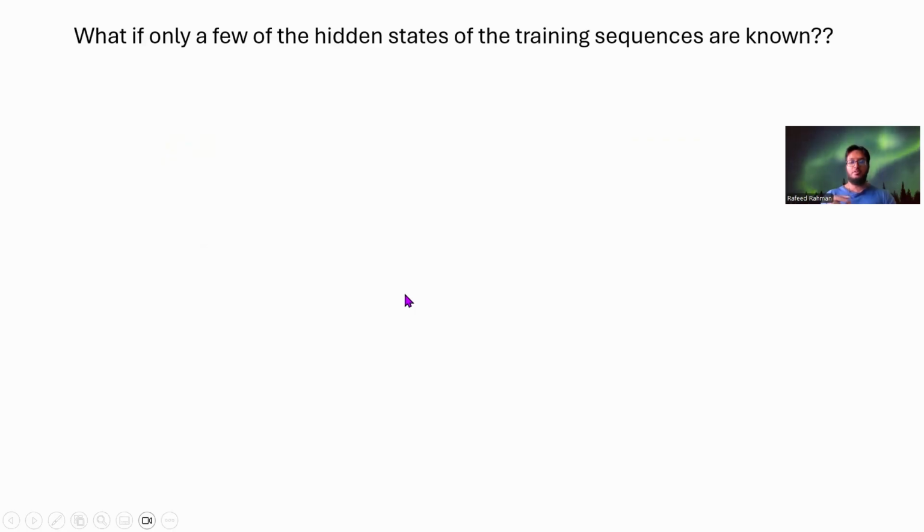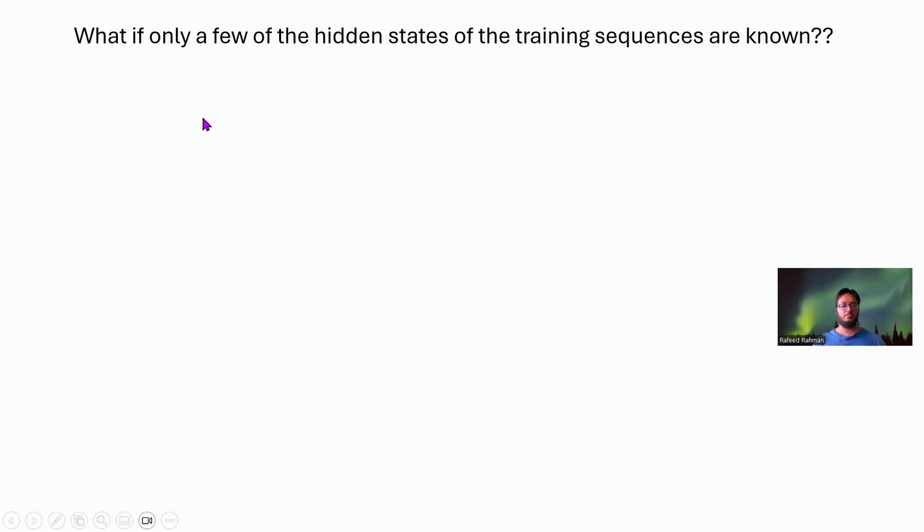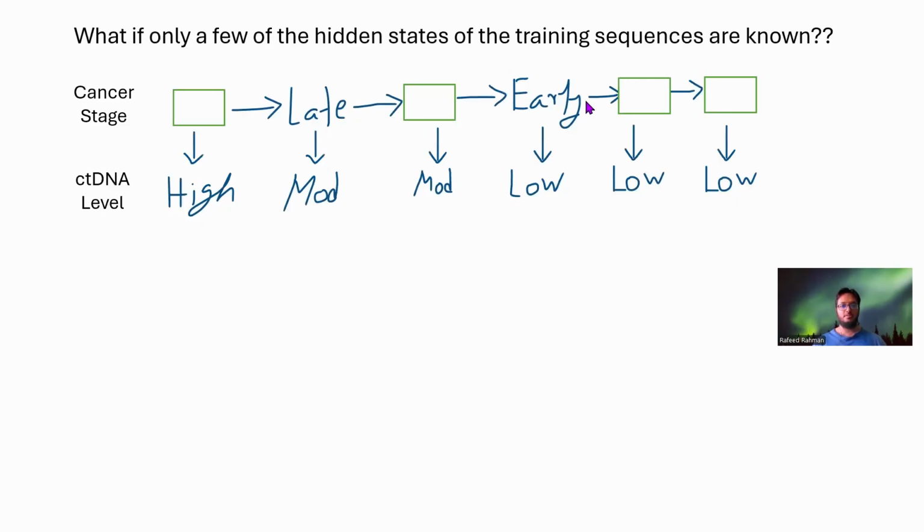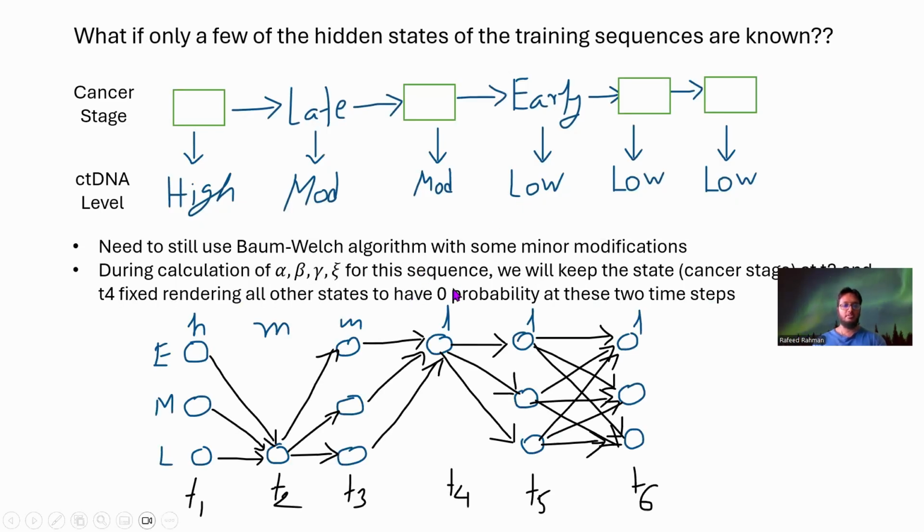But suppose there's this third case where you know only a few of the hidden states, but many of them are not known. So it looks something like this. Some of the hidden states you don't know, and some of them you do know. Then what are you going to do? Actually, it's not complicated. In these cases, you can form this kind of graph. Normally your graph will look like this, where everything is connected to everything. But now you know exactly what state is there at particular time steps.